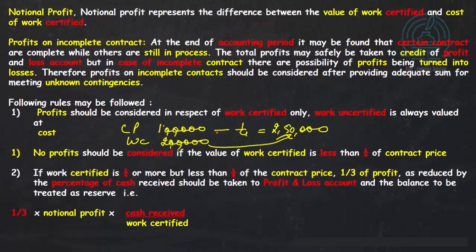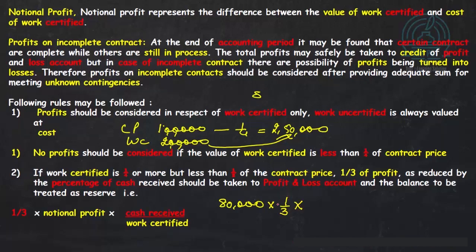So now let's say, for example, we have made the contract account and notional profit comes out to be 80,000. In this case, we will transfer 1/3 of the profits. So 1/3 of this as reduced by the percentage of cash received.